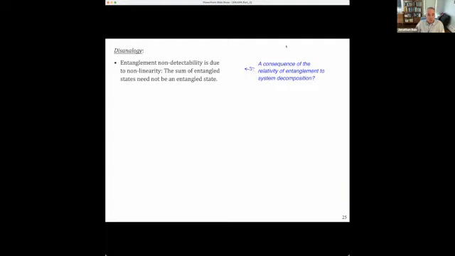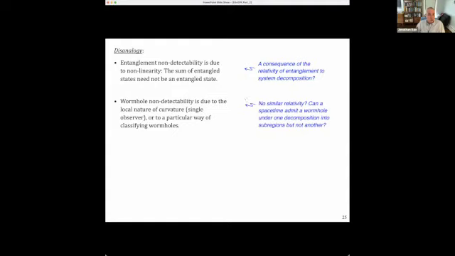You might think of this nonlinearity aspect of entanglement as a consequence of, or related to, the fact that entanglement is relative to system decomposition. This is the idea that a composite system can be in an entangled state with respect to one way of decomposing it into subsystems, and yet be in a non-entangled state with respect to another way of decomposing it into subsystems. That seems to be related to this non-detectability of entanglement.